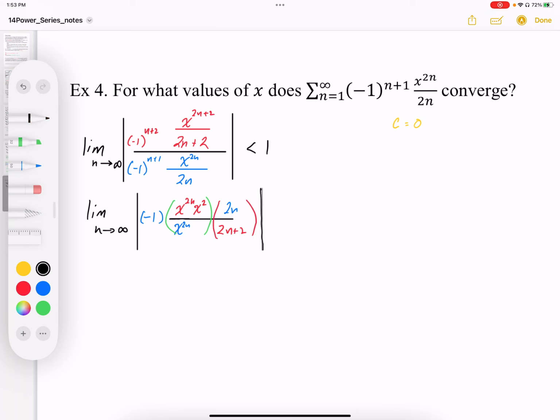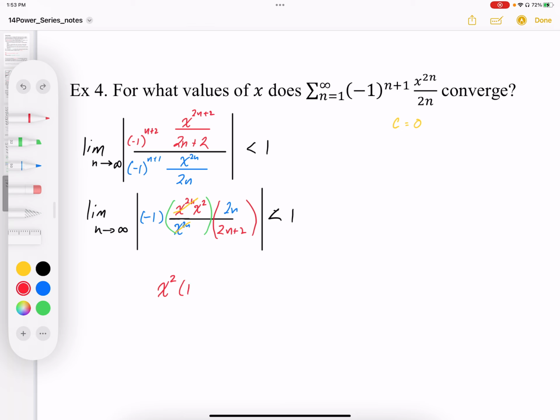The limit of those red brackets, 2n over 2n plus 2, as n goes to infinity, is equal to 1. The -1 is not going to be relevant when we have the absolute value in here. So what we can do is cancel out these factors, and what I'm going to end up with is x squared times 1.